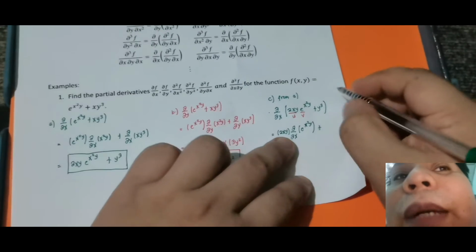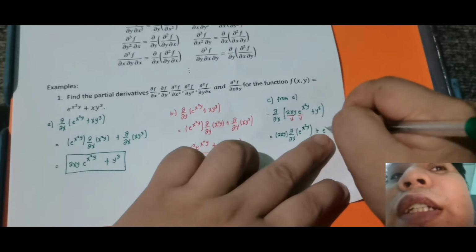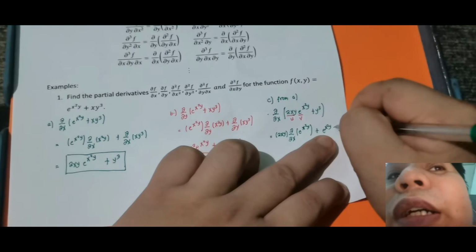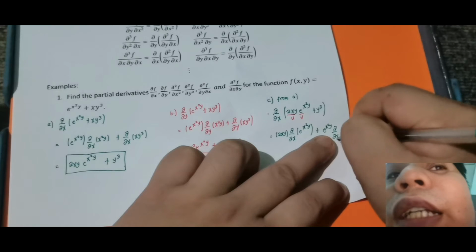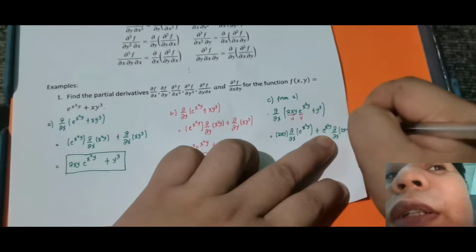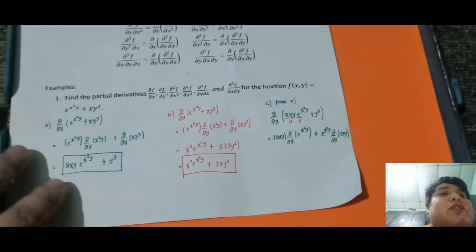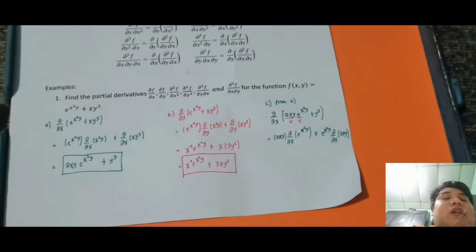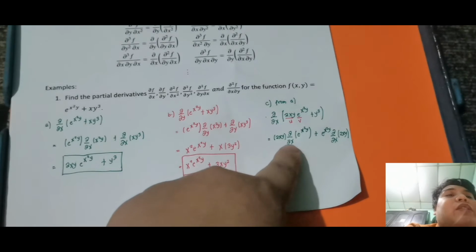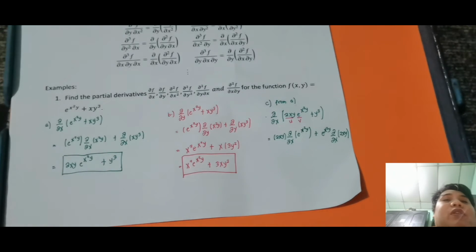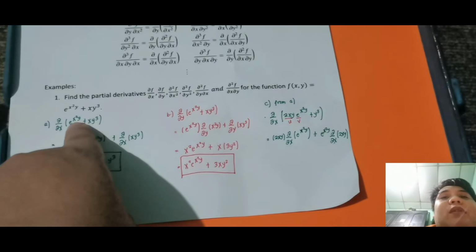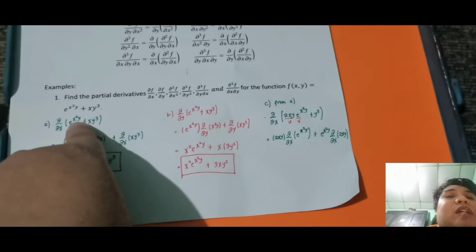Then, plus, copy ko si e raised to x squared y, then partial derivative with respect sa x naman nung 2xy. Ingatan nyo rin talaga actually sa 2 ito, medyo mahirap. Okay, next is the partial derivative na to with respect sa x. So, actually, nagawa na natin, no? Yung partial derivative na to with respect sa x is just ito.